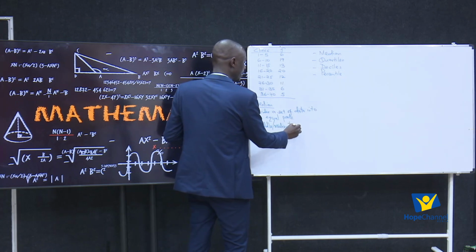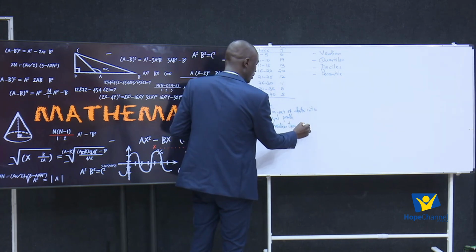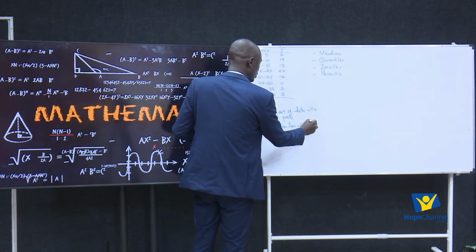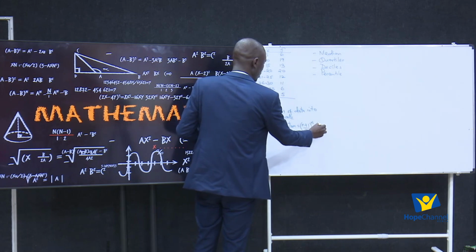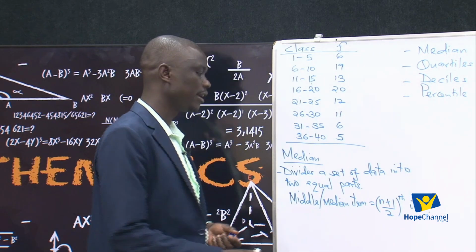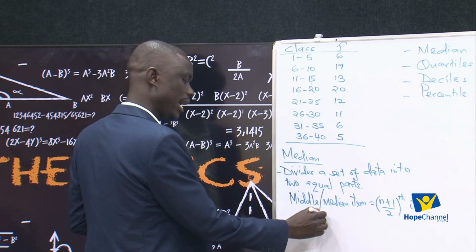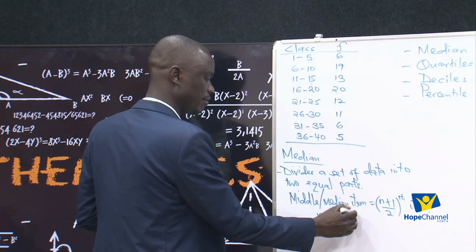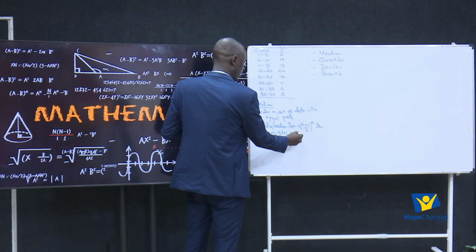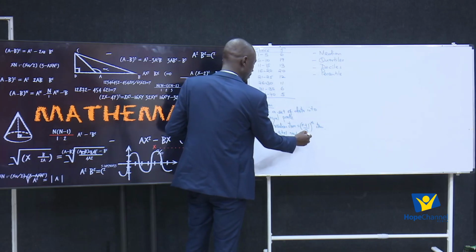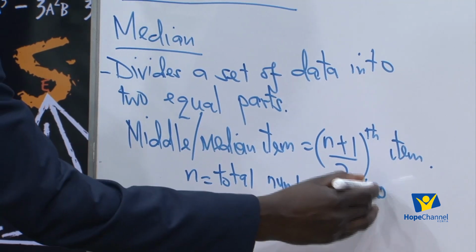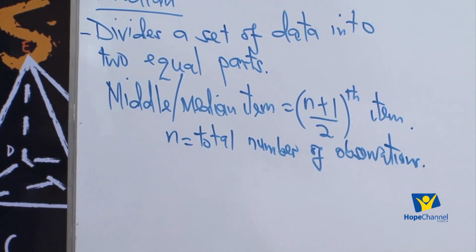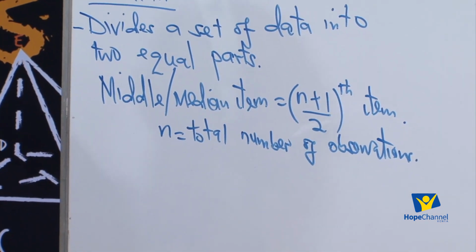The median item is always obtained by using this formula: n plus 1, divided by 2, where n is equal to the total number of observations. N is the total number of observations.